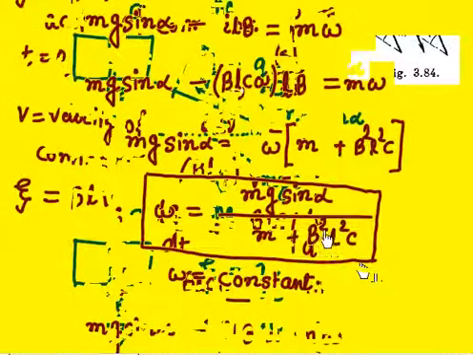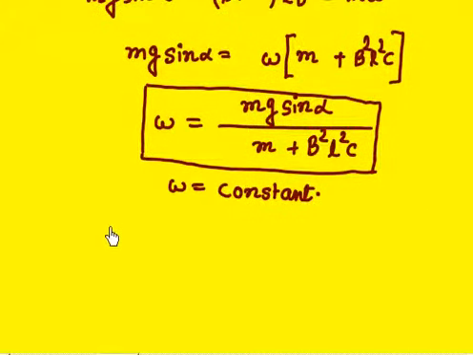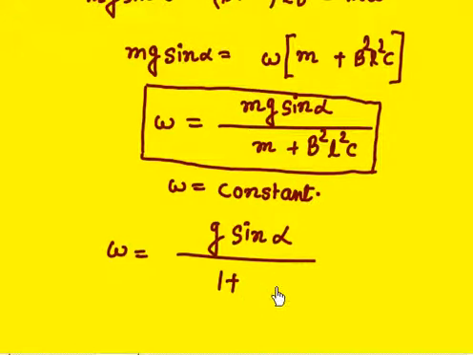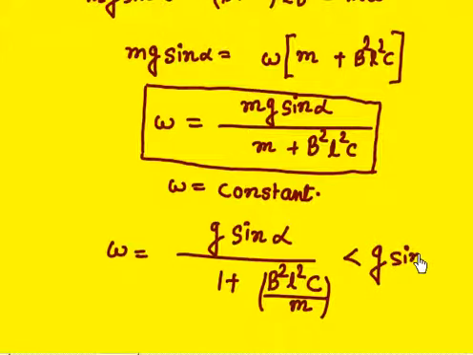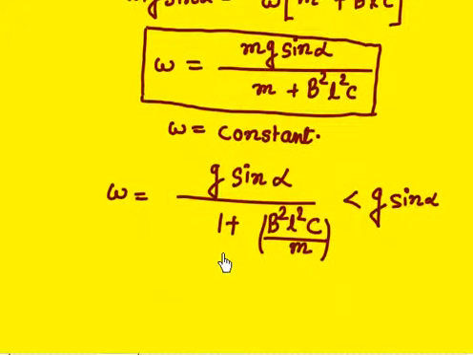Then omega can be further written as g sine alpha divided by 1 plus B square L square C by m. Now this acceleration is less than g sine alpha, and it should be, because this number is greater than 1. If you have no current, then this will be free fall. If there is a current in the circuit, Lenz's law will try to reduce this omega, so this is not a free fall situation. Are you getting or not?